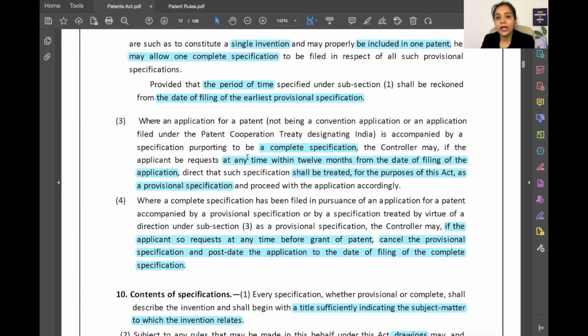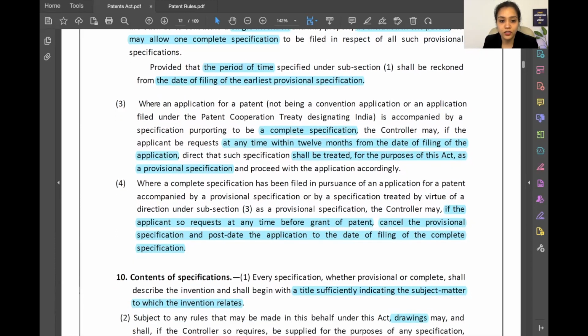And at that time, I can say consider my earlier filed complete specification as the provisional specification. So within a period of 1 year, you can convert your complete specification into a provisional specification if you want to modify some of the aspects of your specification.